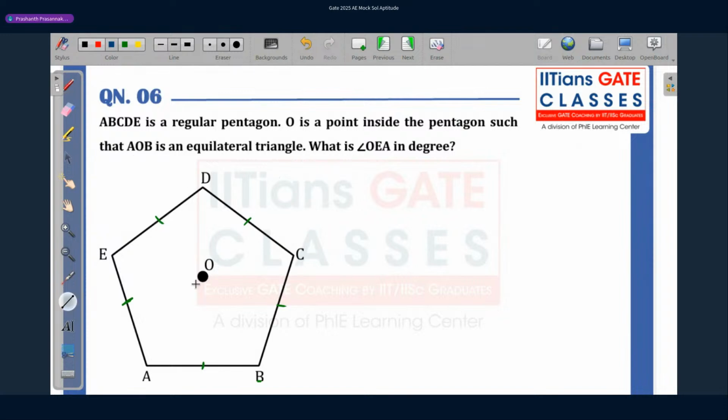So I need to draw AOB. AOB is an equilateral triangle. So AB, OA, and OB, these three are also equal.